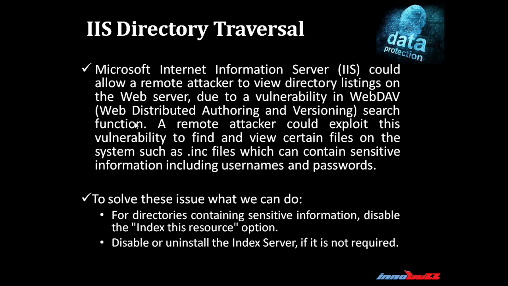To solve this issue, for directories containing sensitive information, we can disable the "Index this resource" option, or we could disable or uninstall the index server if it is not required.